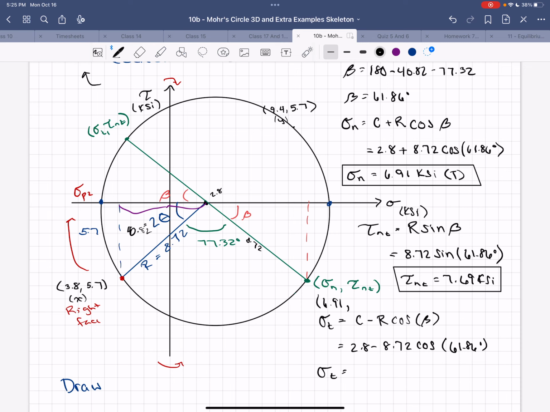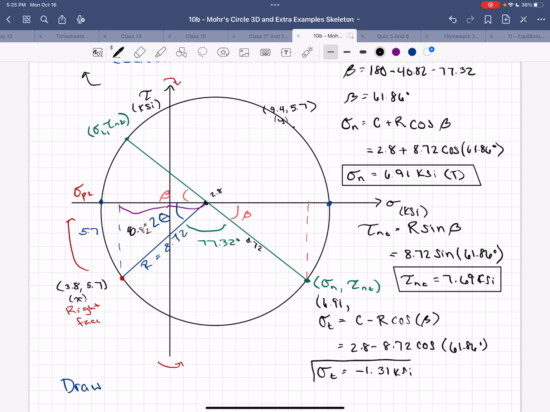Okay, so we're at negative 1.31 KSI. I buy that, looking at our imperfectly drawn picture here. And the shear stress will be the same.